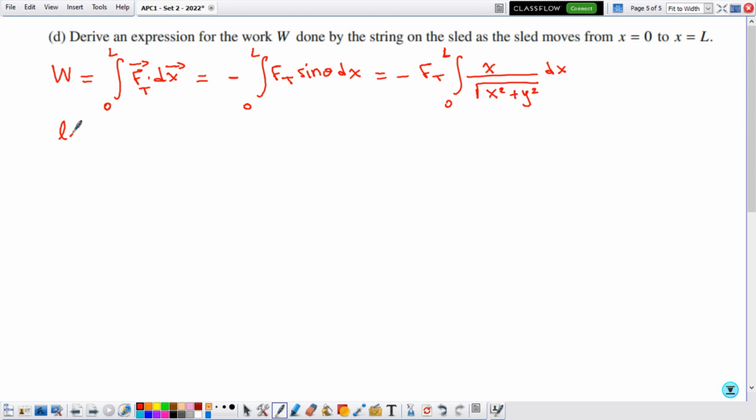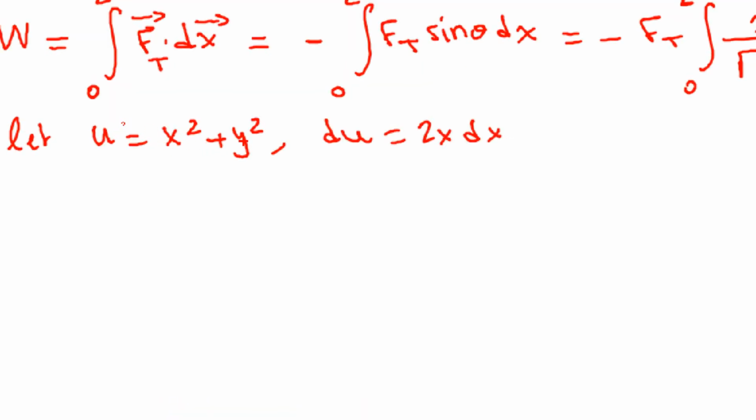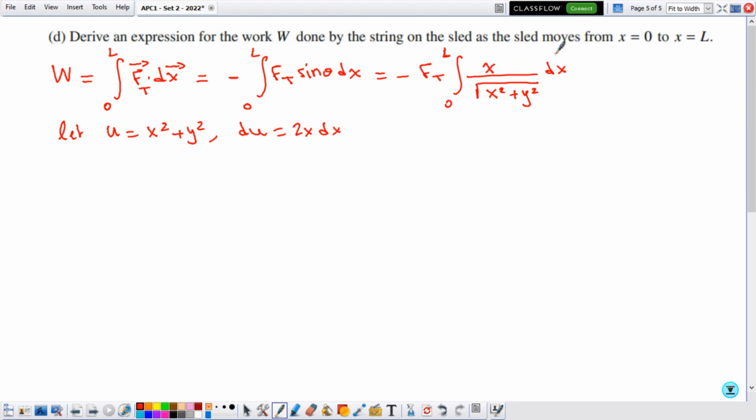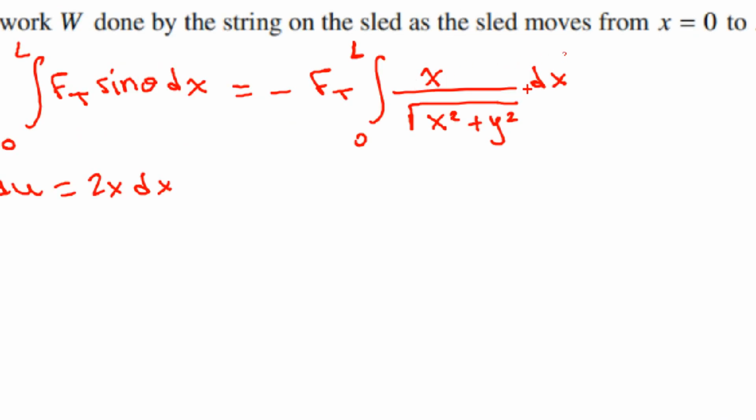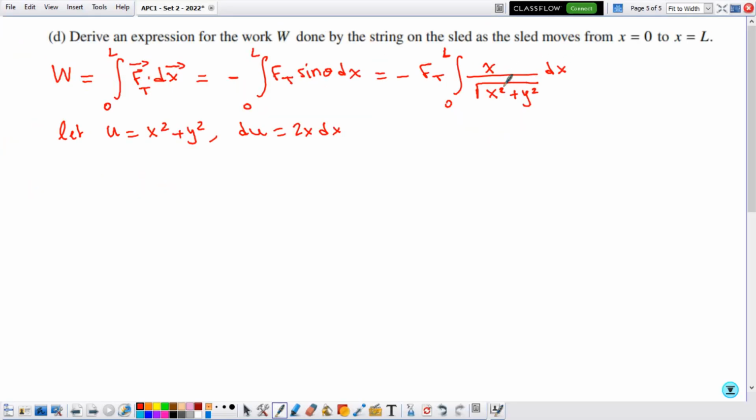Then let me say that u is x square plus y square. Then in this case du would be 2x multiplied by dx. Because here, notice carefully, we're deriving with respect to x, so y will be treated as a constant. Then in order to transform this integral from being completely dependent on x to completely dependent on u, we need to find x dx, which is given by du divided by 2.